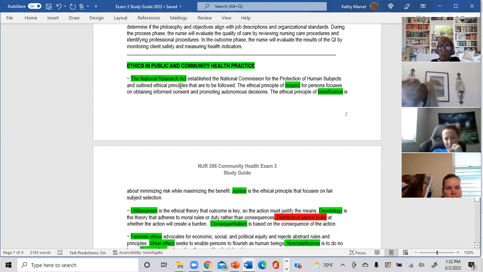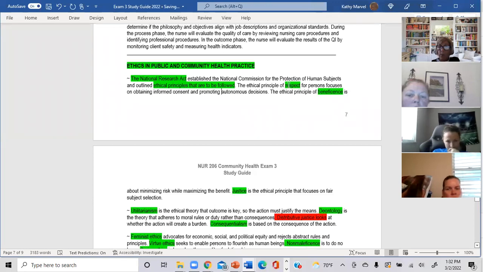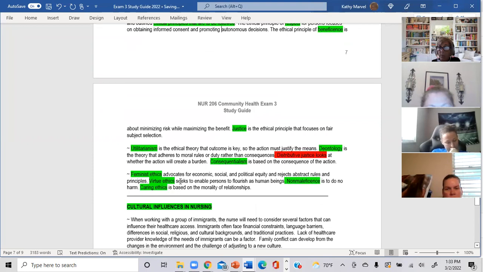So part of the National Research Act identifies 3 ethical principles that need to be followed: respect, beneficence, and justice. Okay? So you need to know about the National Research Act, our theories, and our principles.